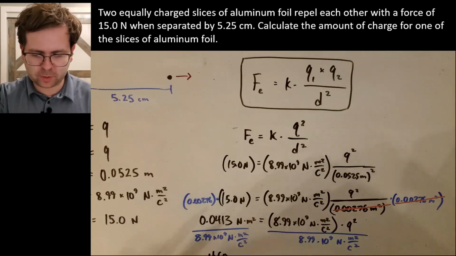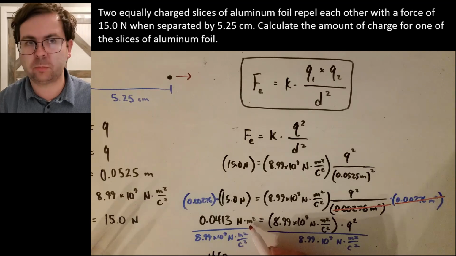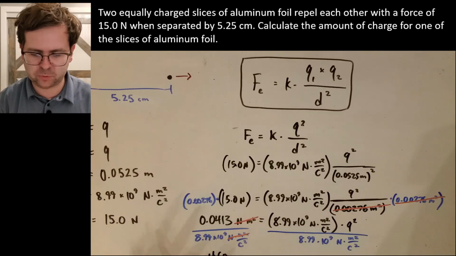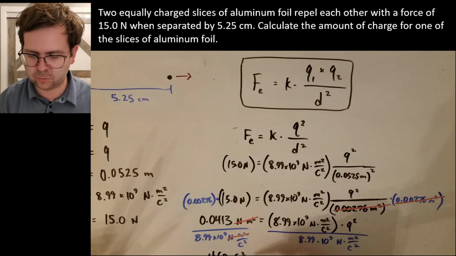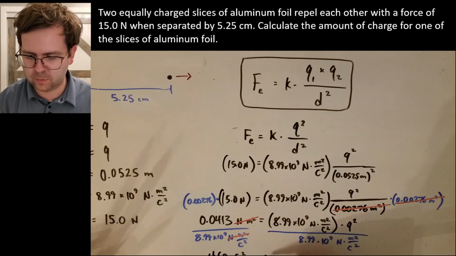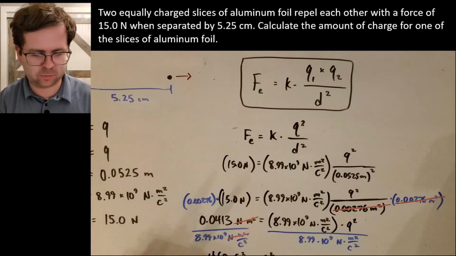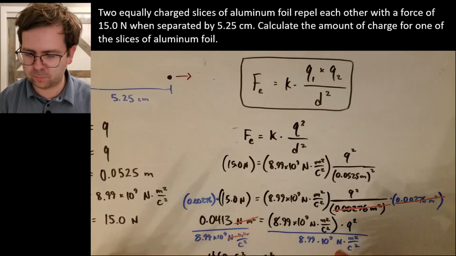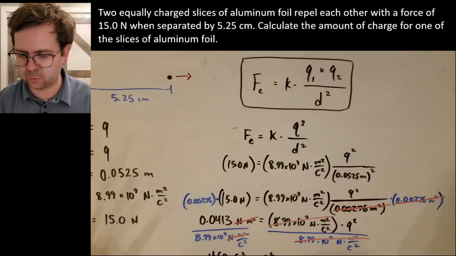And then the units here get a little crazy. So we have newtons times meter squared divided by newtons times meter squared, and that goes away. And then the Coulomb squared gets flipped up to the top of the fraction here. So it's just Coulomb squared there for Q, which you can see is what we want. Sorry, I should have crossed this out, so that goes away. All that's left here is Q squared.